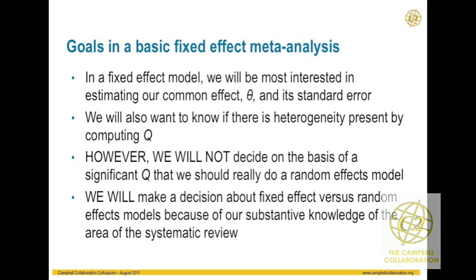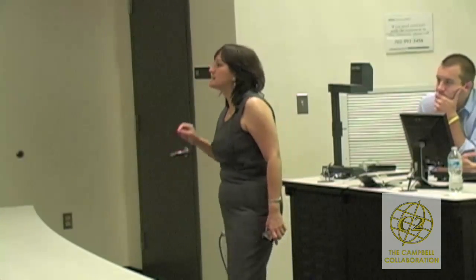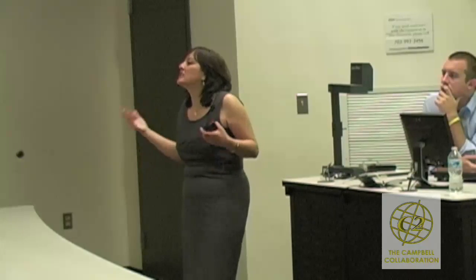Okay, and I emphasize this again a lot because I think there are lots of decisions we're going to make in a systematic review that are absolutely dependent on our substantive knowledge of that area of the review. And this is just one more example of how you really need to think ahead of time, a priori, about what these studies are going to look like.